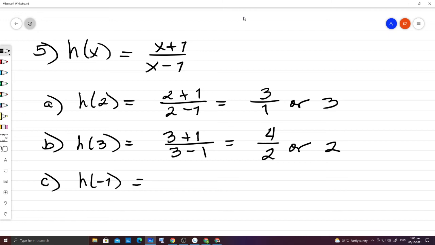Warapicha. Yes, Mr. Okay. How to answer this? Negative 1 plus 1 over negative 1 minus 1.